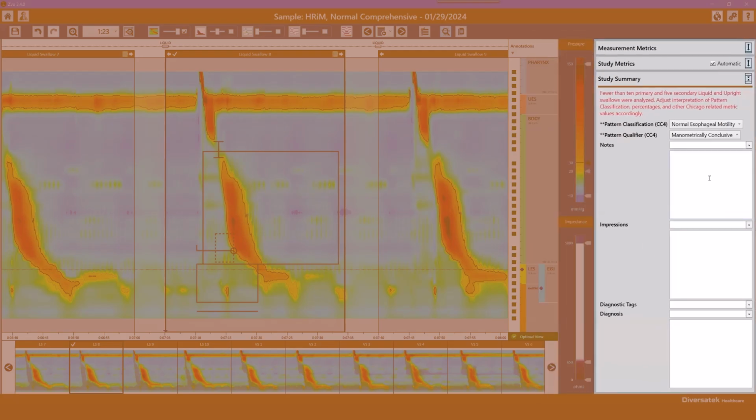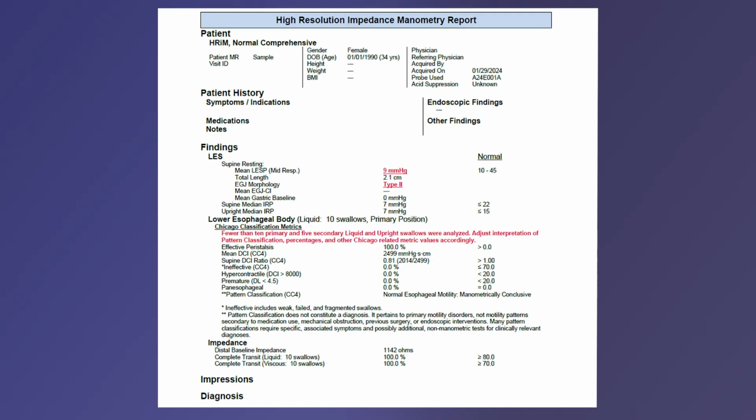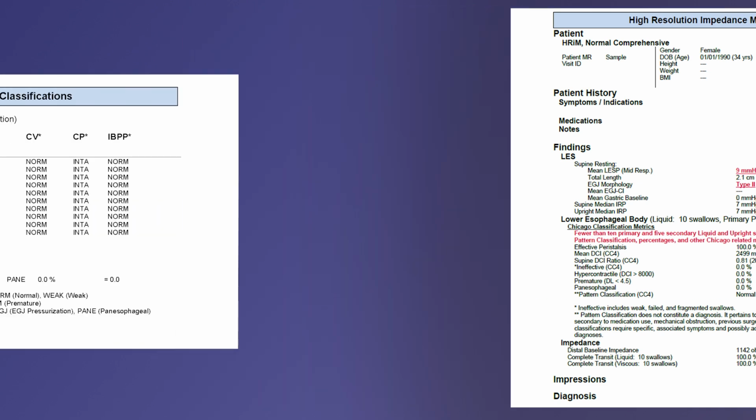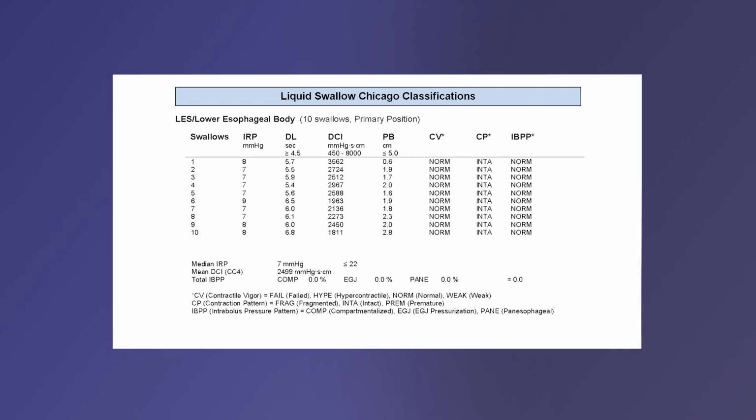The report layout is quite similar to the earlier versions of ZView, with the addition of a note if there were not a satisfactory number of primary and secondary swallows acquired, then that notification will occur on the report. It will also occur in the section for which there were not enough swallows.